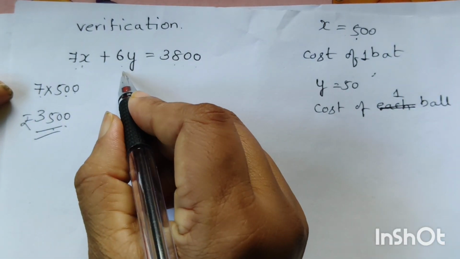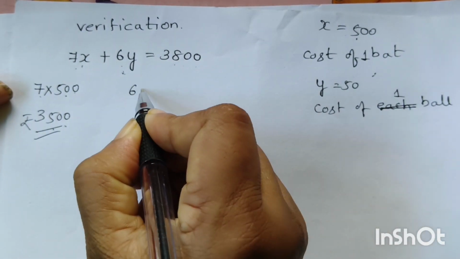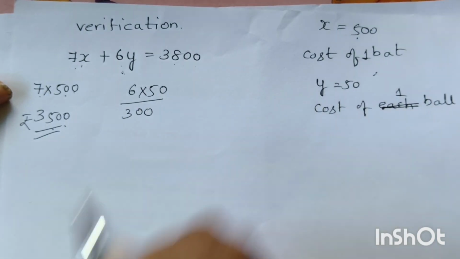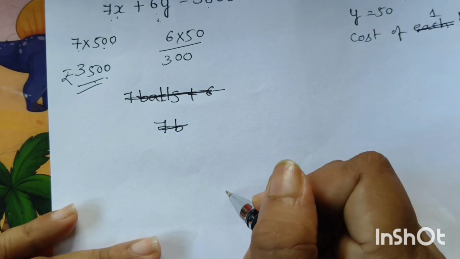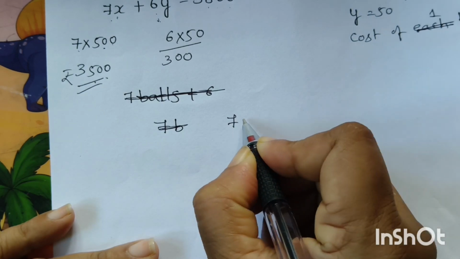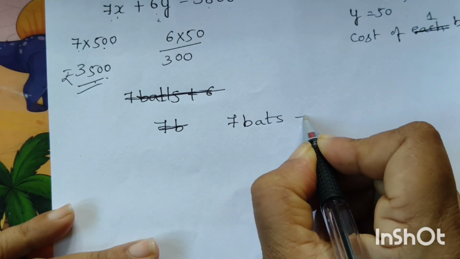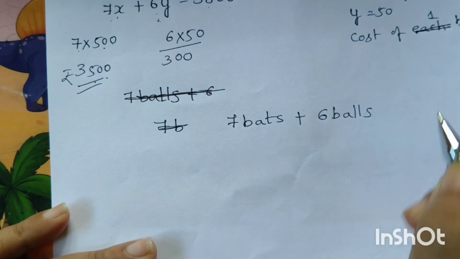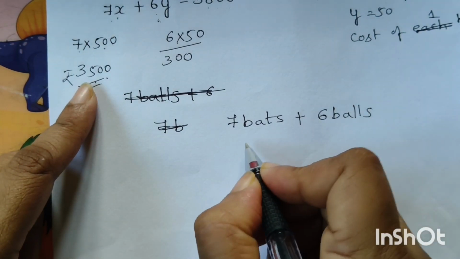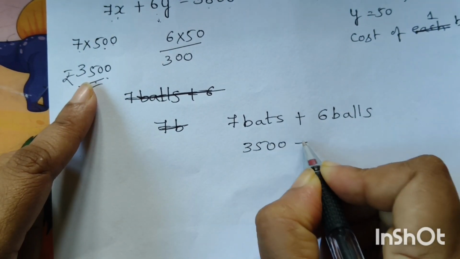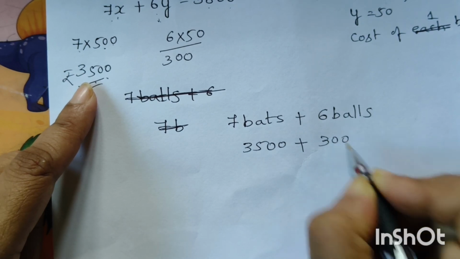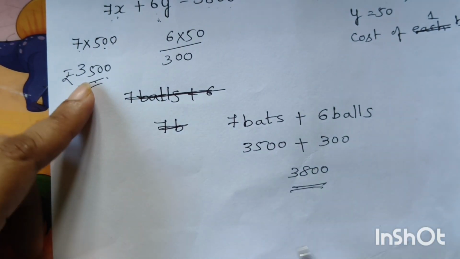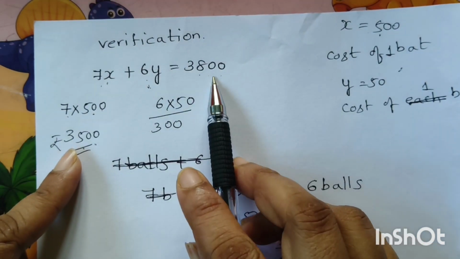But how many will he purchase? 6 balls. Therefore 6 into 50 is how much? 300. Therefore for 7 bats plus 6 balls is how much? 3500 rupees plus 300. Total how much will he pay? 3800. Correct? Therefore our first equation is verified.